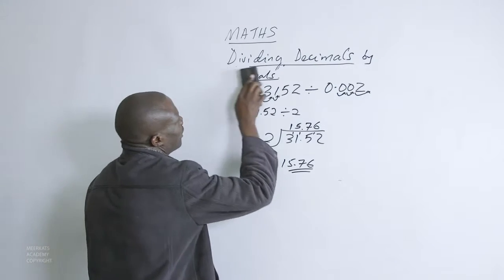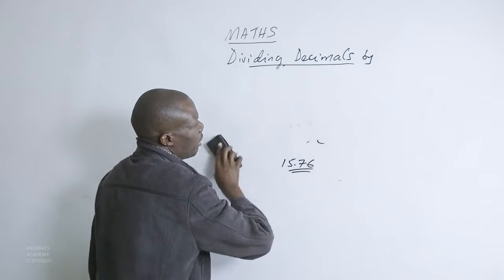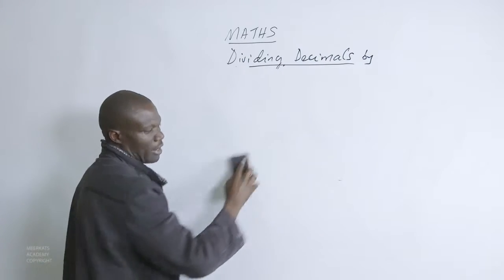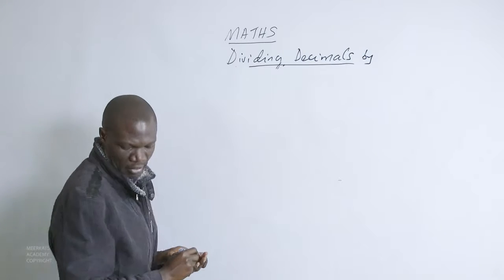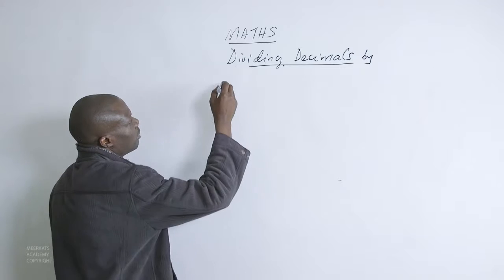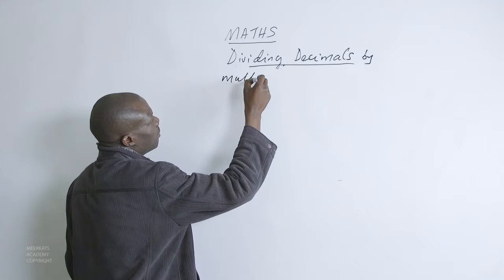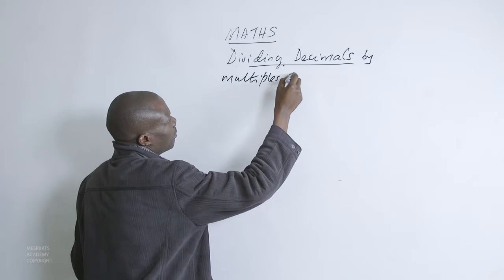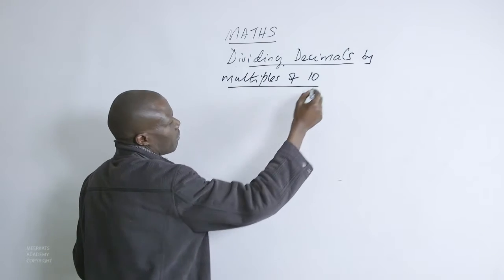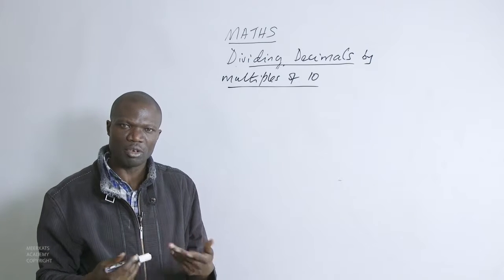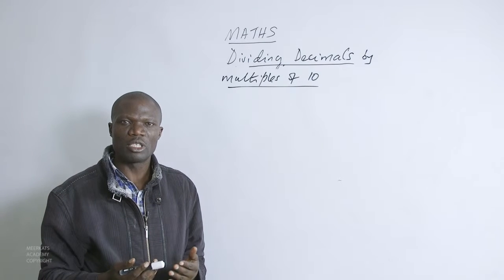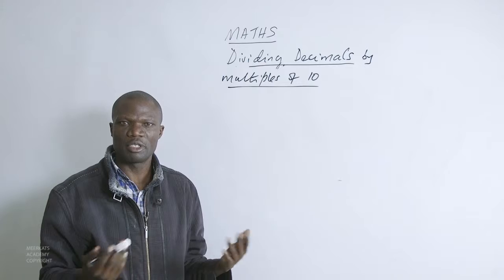So let us look at a situation where now we are dividing decimals by multiples of 10. Remember, when we talk of a multiple of a number, it is the number which is divisible by that number.